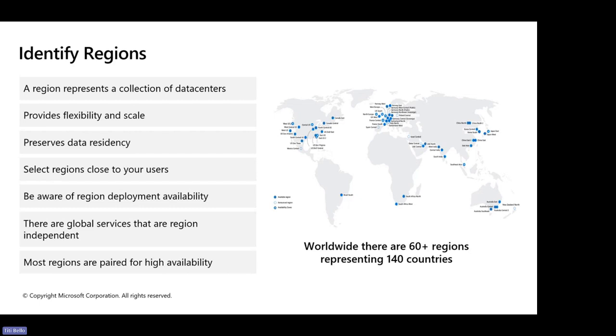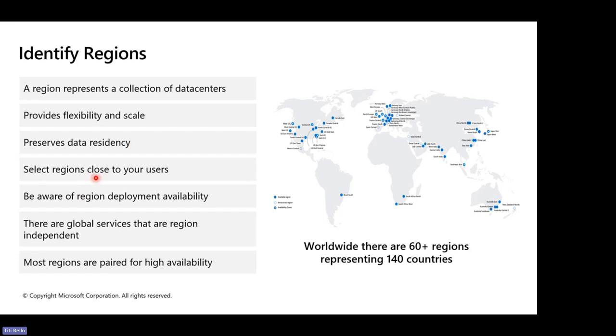But we have one in South Africa. So that way, you can choose the South African region, and in doing so, your data will remain resident within South Africa. That means it's still resident in Africa, right?